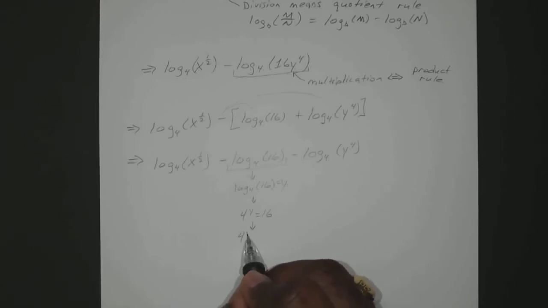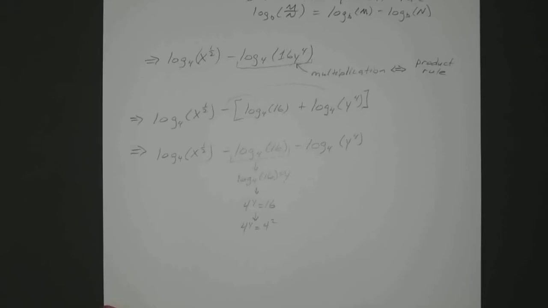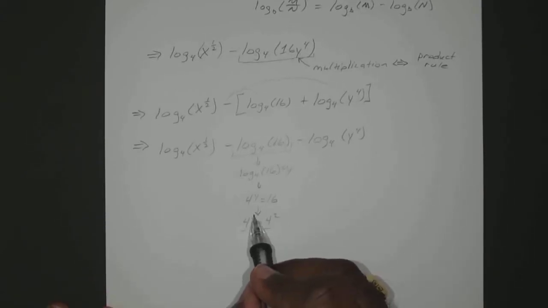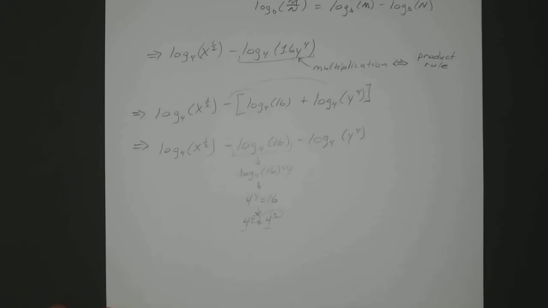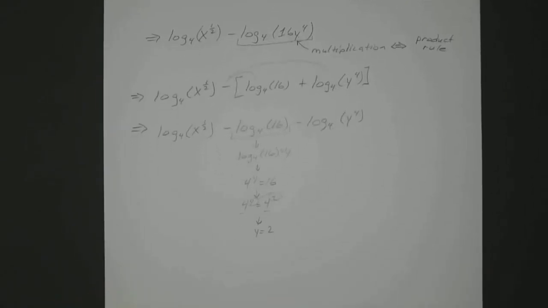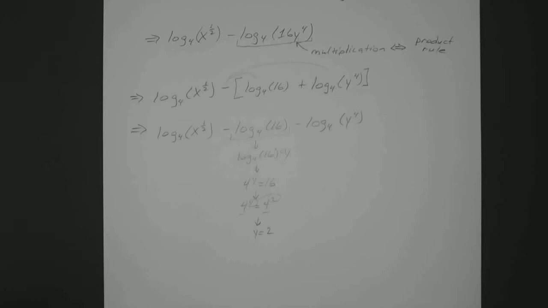So we have 4 to the power of y equals 4 squared. So your bases are the same, which means your exponents have to match. So you have y equals 2. If you wanted to do that on the side, you could.